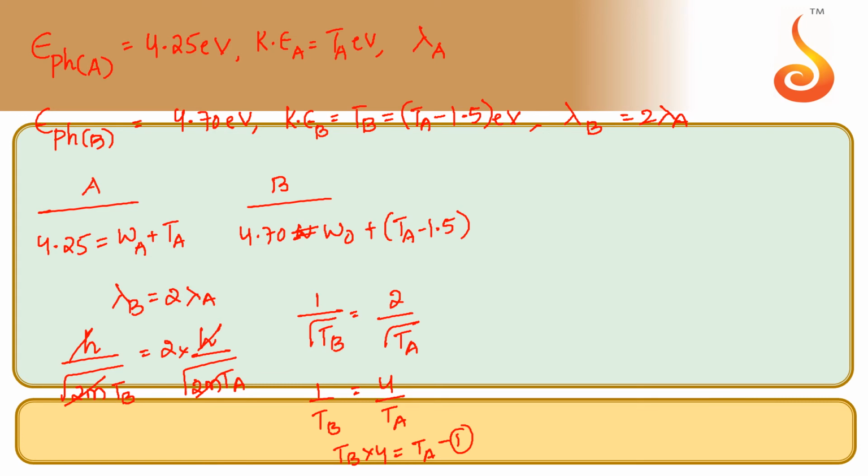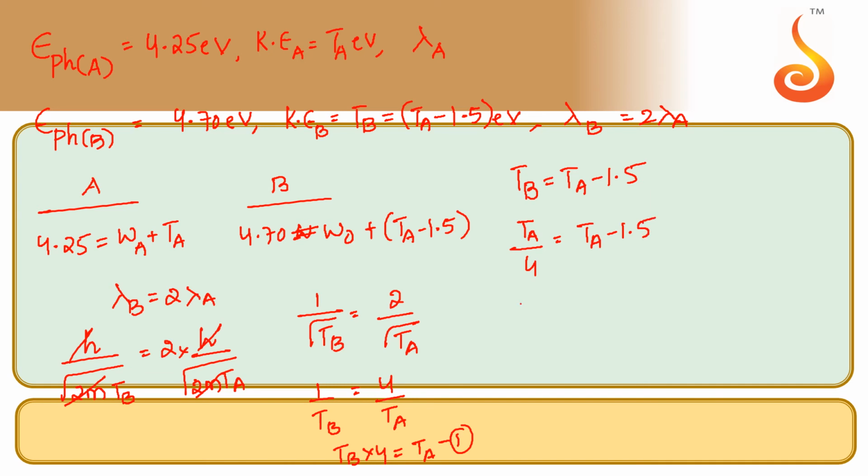But we also know that Tb is equal to Ta minus 1.5, and Tb value is Ta by 4, or Ta is equal to 4 times Tb. So in the place of Tb I can write Ta by 4 is equal to Ta minus 1.5.